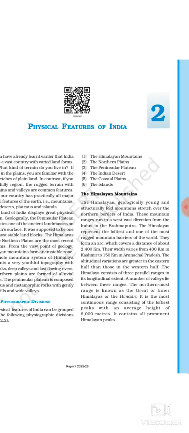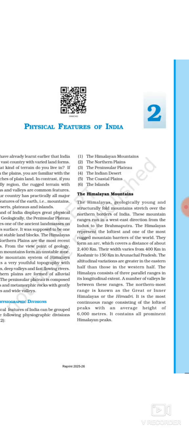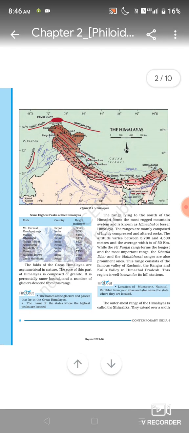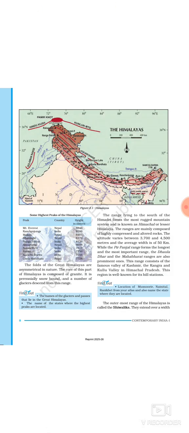The average height of the mountains of this range is above 6,000 meters. The southern range of the Himadri is the rugged mountain range, and it is well known as the Himachal or Lesser Himalaya. The ranges are mainly composed of highly compressed and altered rocks.